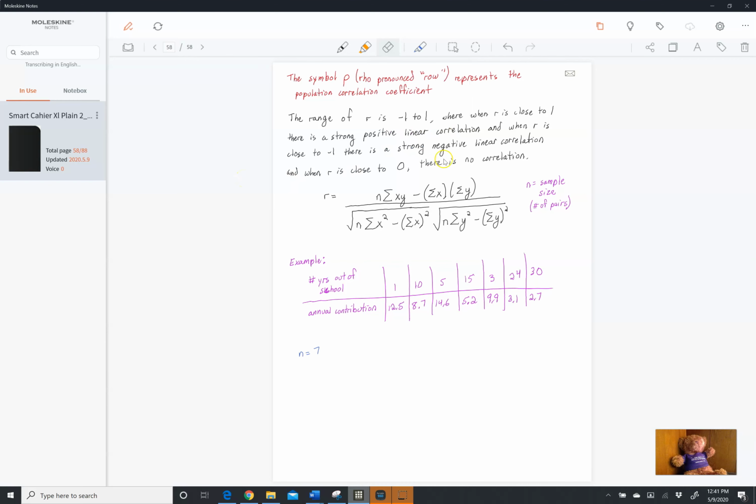Now we're just going to calculate each of these things individually and then plug in. So we need to calculate the sum of x times y. So what is this? This is 1 times 12.5. That's the first x times y.